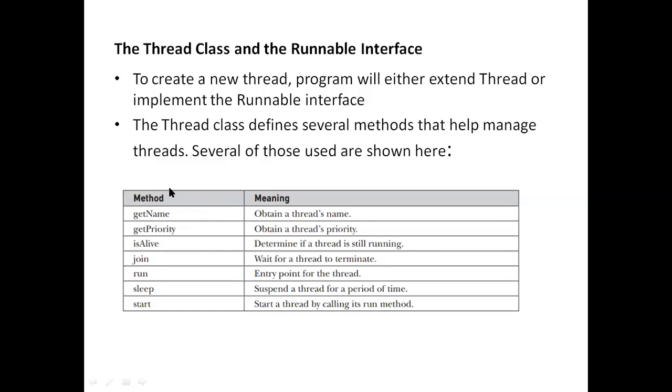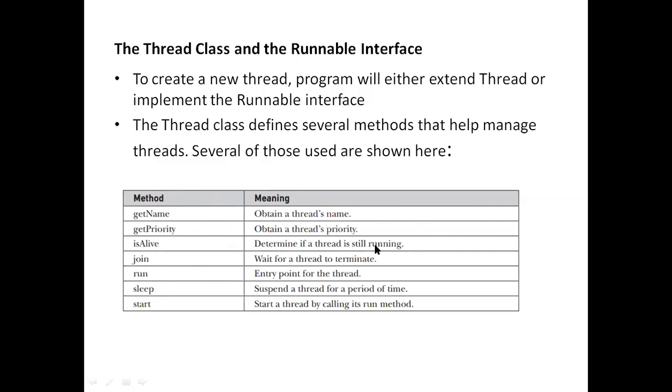So as you can see in this table, which are those methods? getName, getPriority, isAlive, join, run, sleep, and start. So these are all the methods defined in this thread class. Okay, so now we'll see the description also for this. getName means obtain a thread's name. getPriority, obtain a thread's priority. isAlive, so what it's going to do?